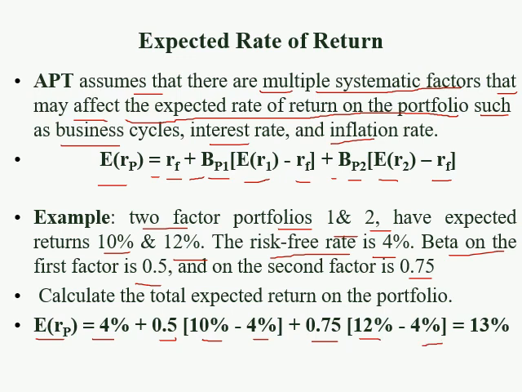So the expected return for portfolio B according to ABT or arbitrage theory will be 13%. If I have third factor, I will put it in this equation and so on.